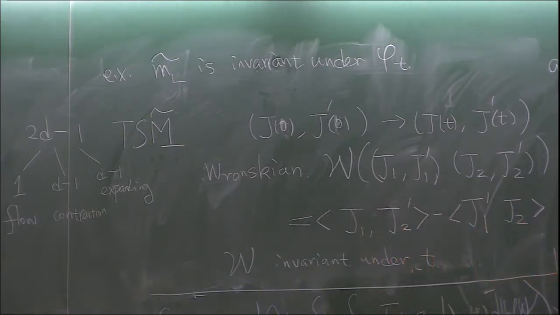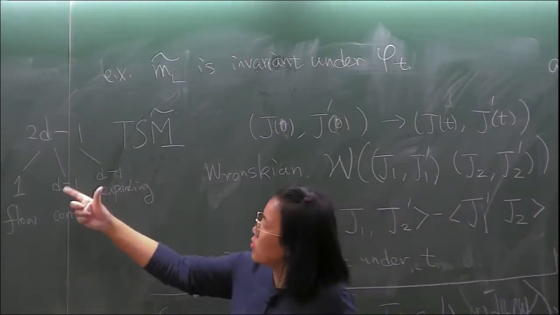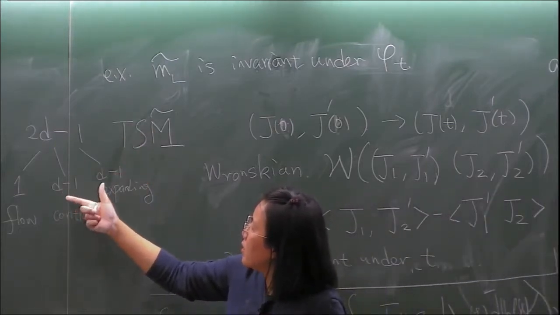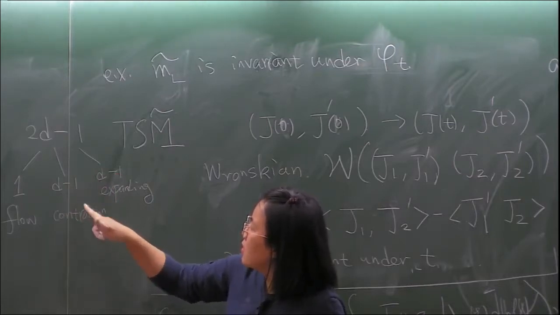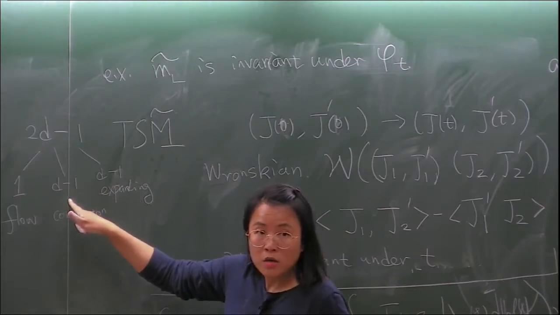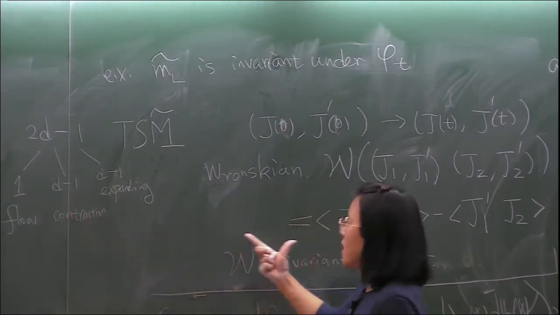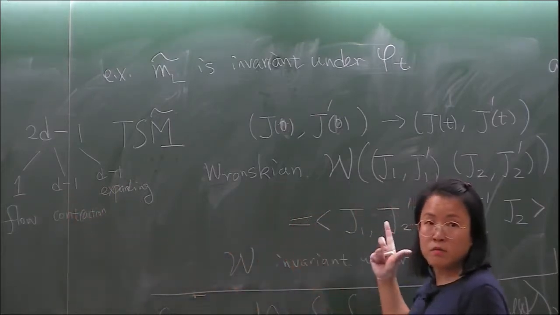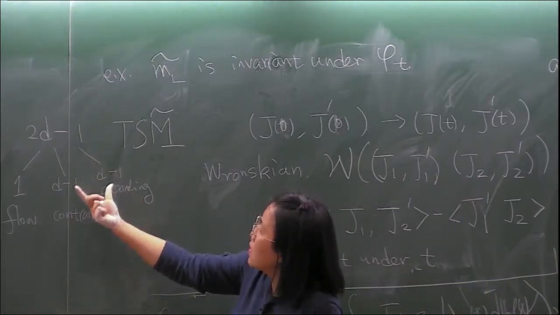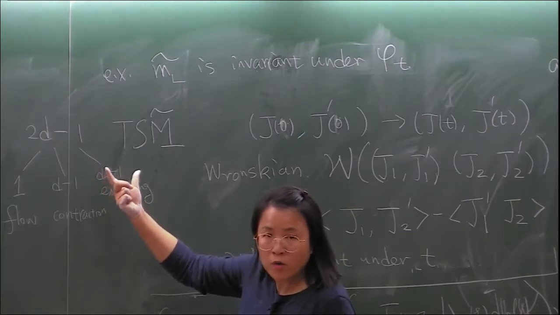So using this, actually we can pair the vectors. So you want to have the volume form, right? Actually, you can pair the vectors in the expanding direction and the contraction direction, so that this guy is constant. So what does that mean? You want to have the 2D minus 1 volume.